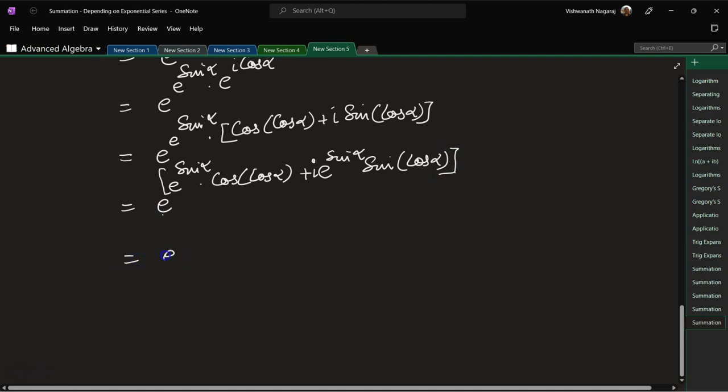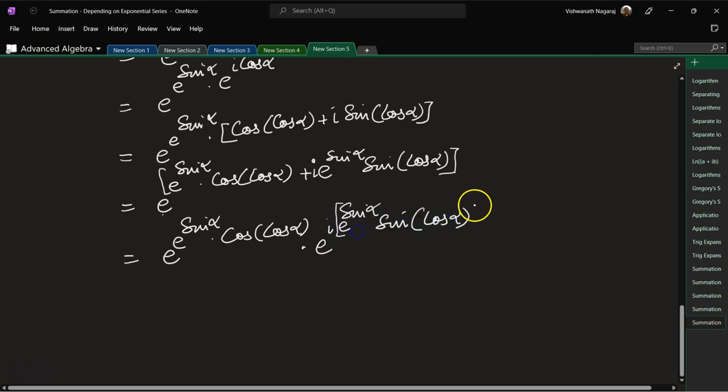Now e to the power of sine alpha times cos of cos alpha. Now again we can convert this addition to multiplication. So e to the power of i e to the power of sine alpha sine of cos alpha, right?